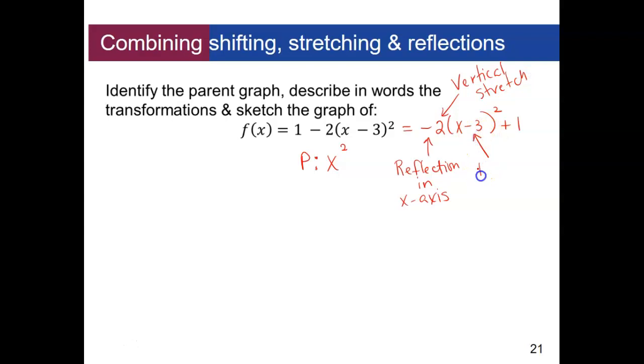The -3 is going to move it to the right 3 units, and then the +1 is going to move it up 1 unit. So as far as sketching this, we know our basic graph looks something, sorry, not the square root graph. It looks something like this. So we're going to need to reflect it.